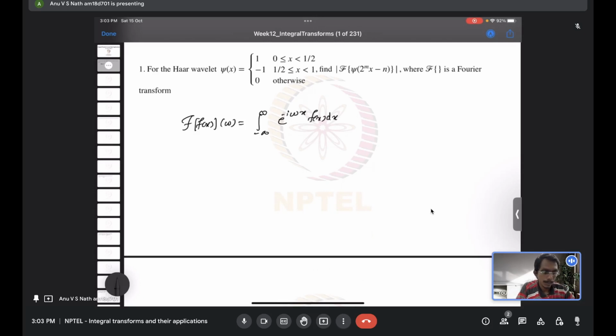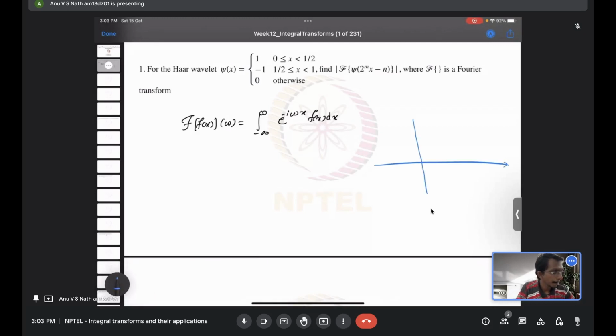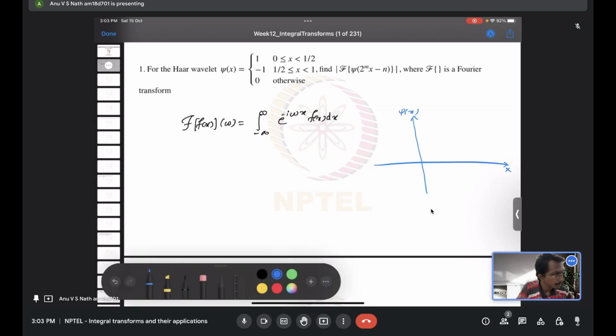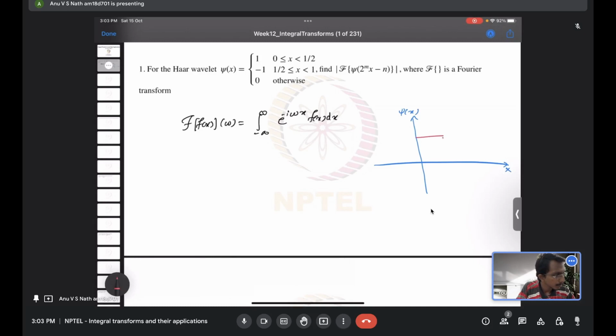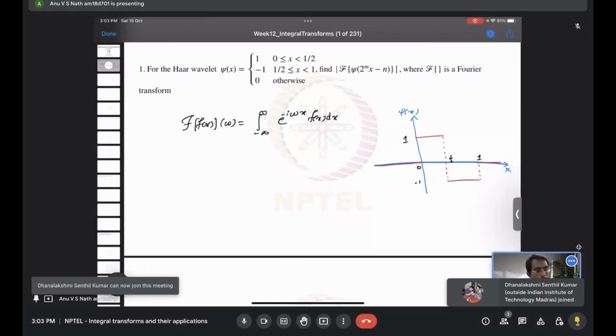And here the Haar wavelet, if I draw it: from 0 to half its value is 1, from half to 1 its value is minus 1, then 0 everywhere else. So this is the form of a Haar wavelet.